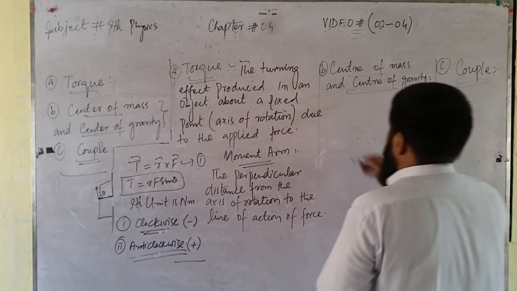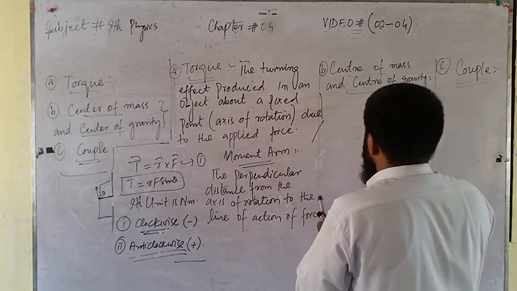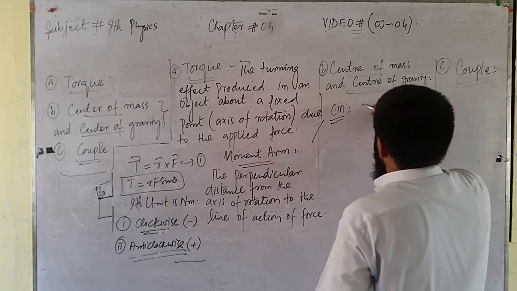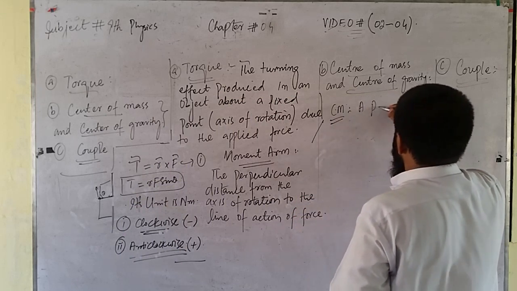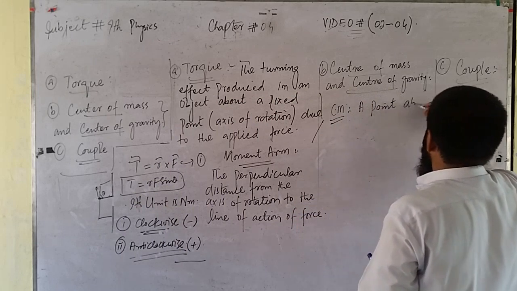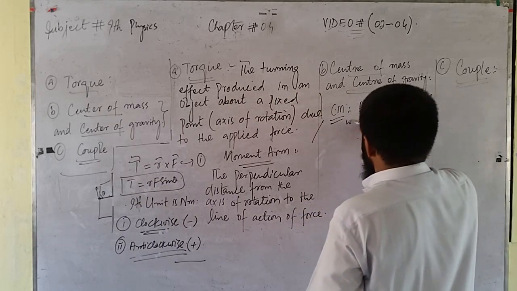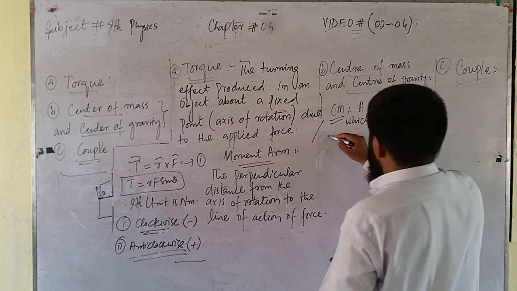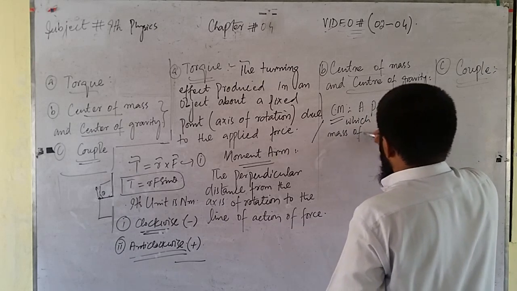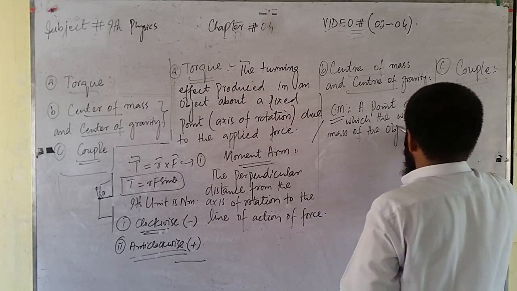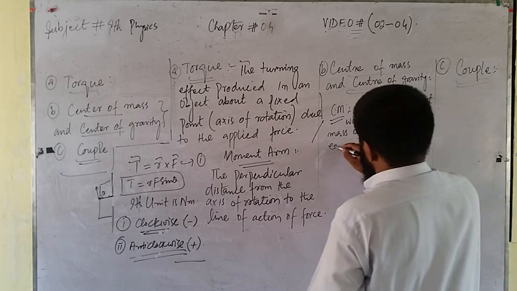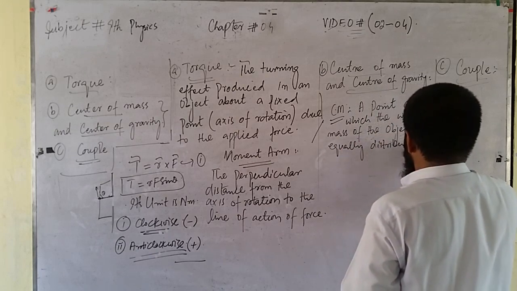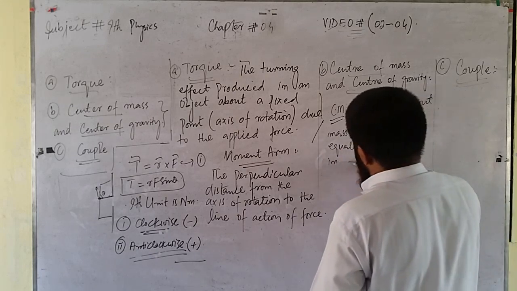Center of mass can be written as Cm, a point about which the whole mass of the object is equally distributed in all directions.